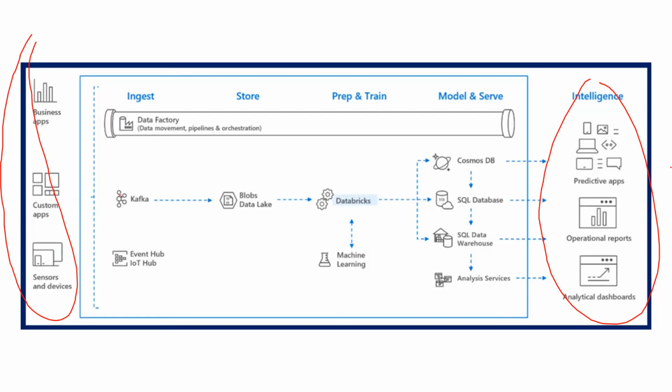Databricks is like an Apache Spark implementation in Azure, or in any cloud service. When you implement this, you are making yourself ready to handle big data. That's the purpose.